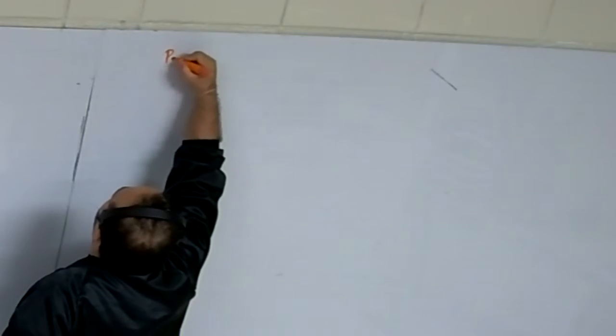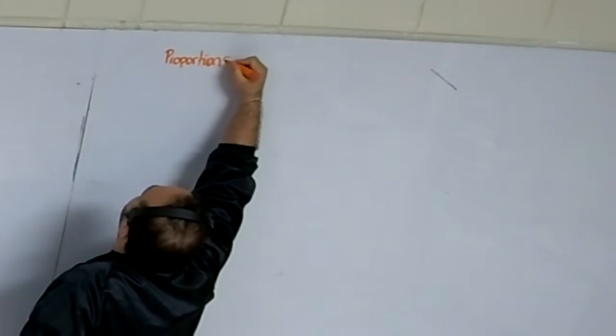The name of this situation is what we call proportions. What are proportions? Proportions are rational equations.